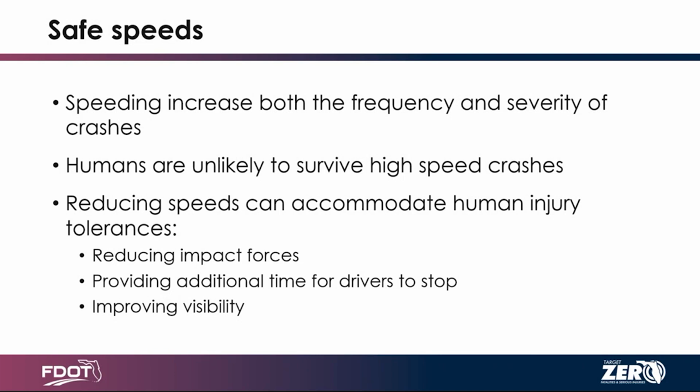So when you have these higher speed environments, or you have the vulnerable road users being impacted even at lower speeds, this is one of the big ticket items, I think, with the safe system approach. Speeding can increase both the frequency and the severity of crashes, and humans are more and more unlikely to survive crashes at higher speeds.